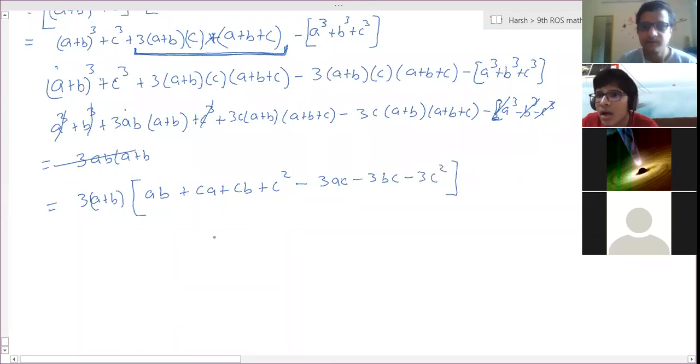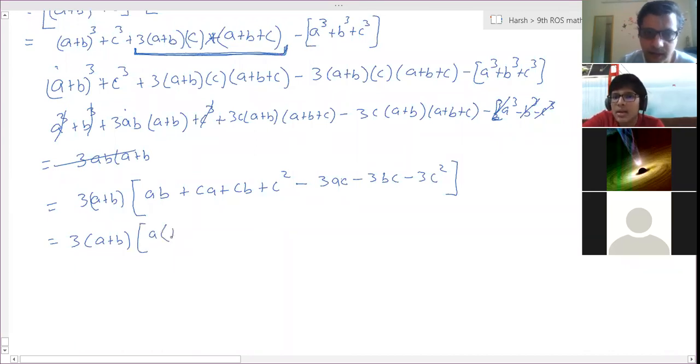Now, 3(a plus b). Then we can take a common: a(b plus c) plus c(b plus c), minus 3c.